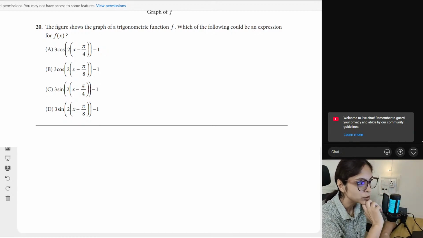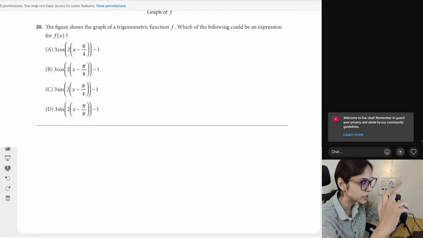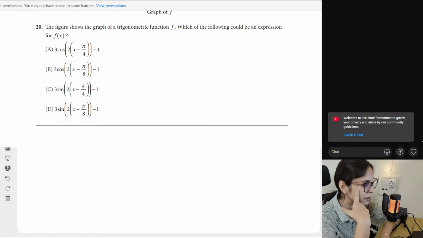Like I told you, this is the graph of inverted cosine, so this is negative cosine. All the cosine options are thrown out of the window.